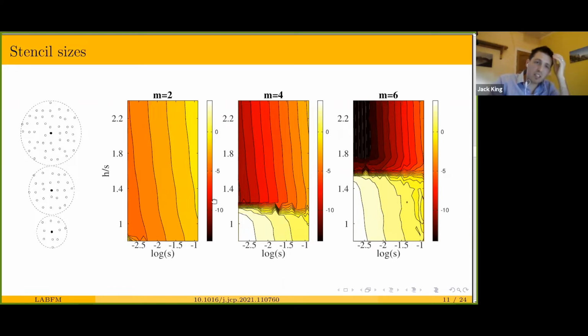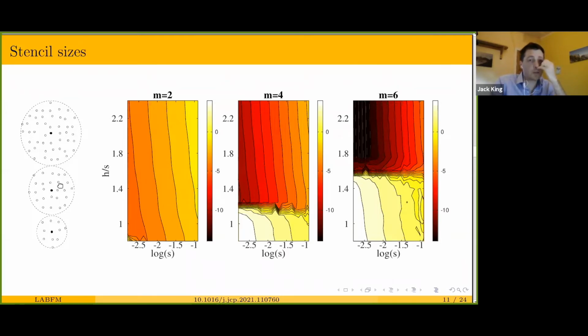This limit, as I alluded to before, is imposed by the requirement that the anisotropic basis functions adequately sample the node distribution within the stencil. And if we've got higher orders, then we have more complex structures in our anisotropic basis functions, so we need more nodes in the stencil in order to adequately sample these basis functions.